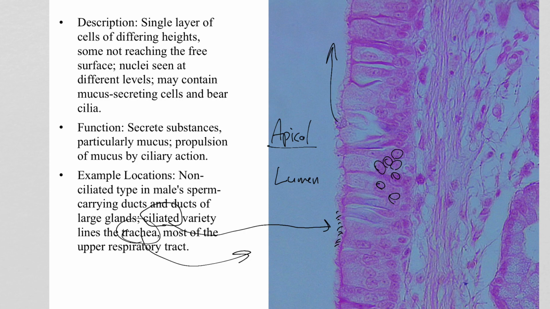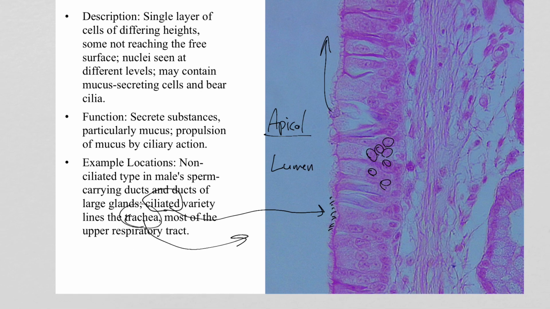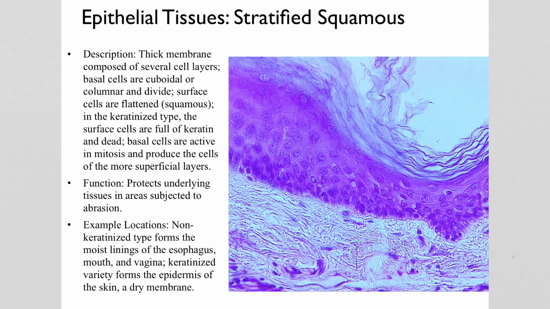Acid can kill bacteria and viruses that are contaminating the lungs. And so as soon as you see those cilia, that's a pretty good giveaway that you're looking at a pseudostratified epithelium in this case, and look for those offset nuclei as another clue.